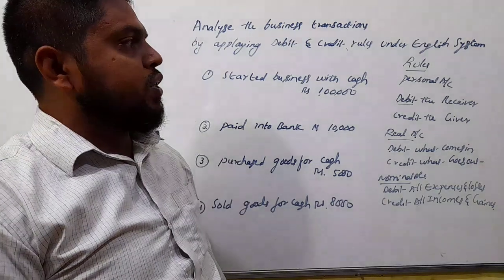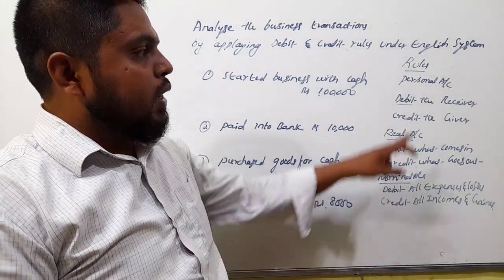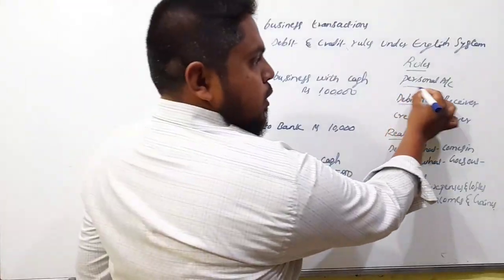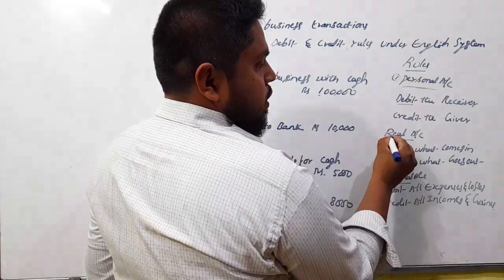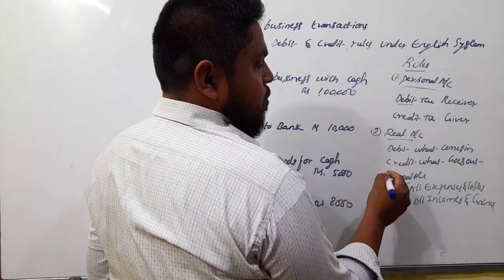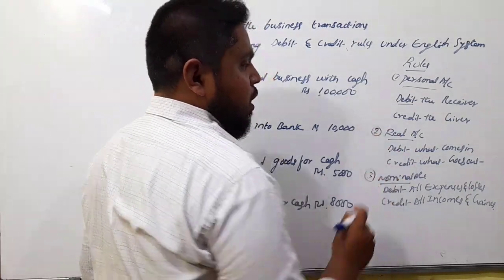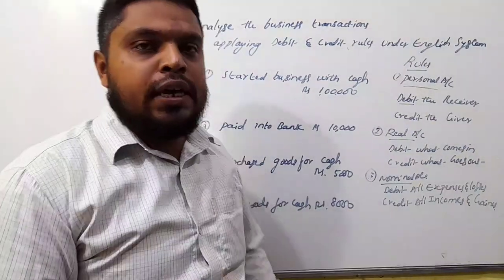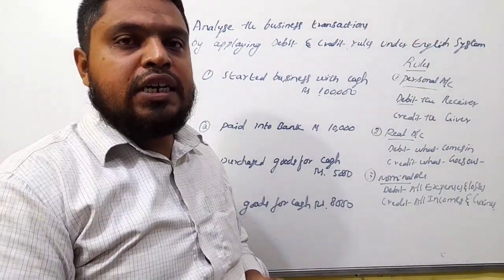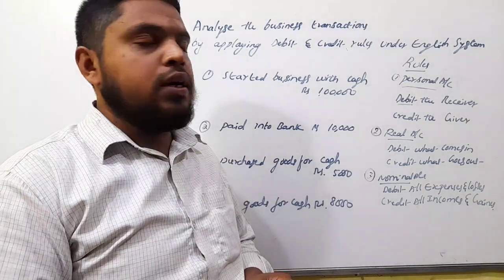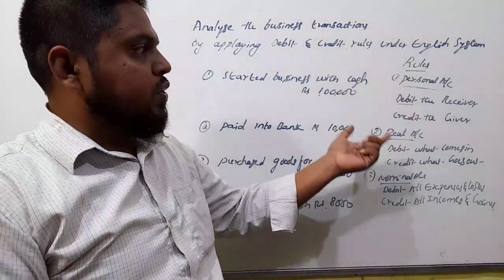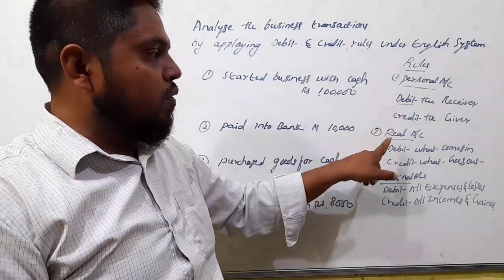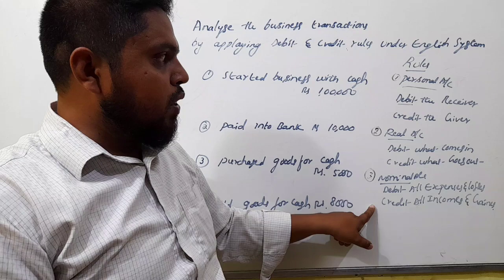Under the English system of accounting, there are three kinds of accounts: first personal account, second real account, and third nominal account. The English system is also called the traditional system of accounting.